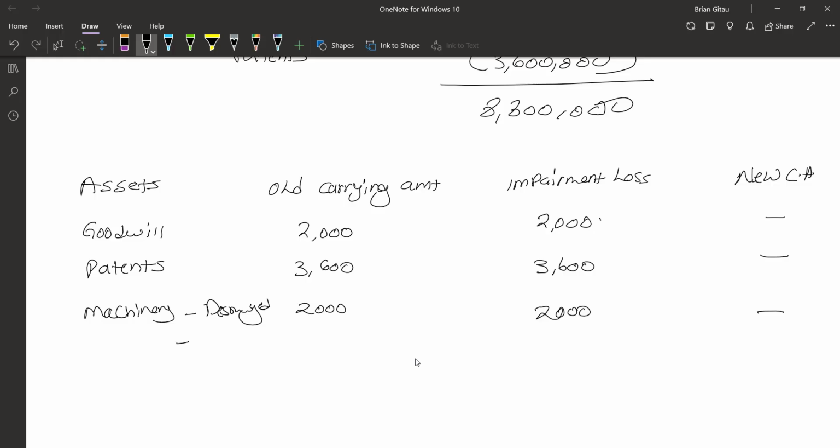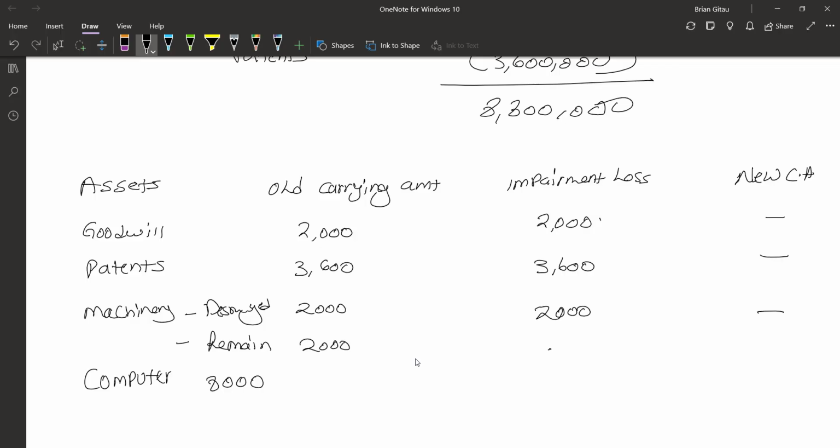We also have the remaining 2 million. Now we will have to compute the impairment loss for that one. We also have the computer, 8,000. We will need to calculate the impairment loss for that.